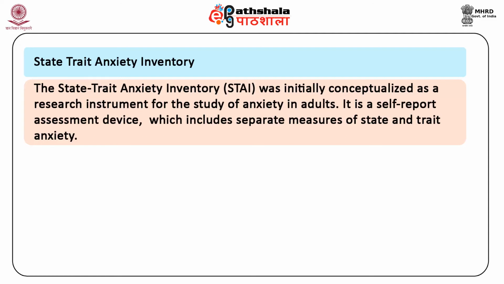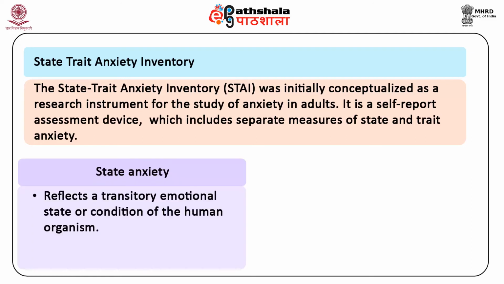According to the author, state anxiety reflects a transitory emotional state or condition of the human organism that is characterized by subjective, consciously perceived feelings of tension and apprehension and heightened autonomic nervous system activity. State anxiety may fluctuate over time and can vary in intensity.